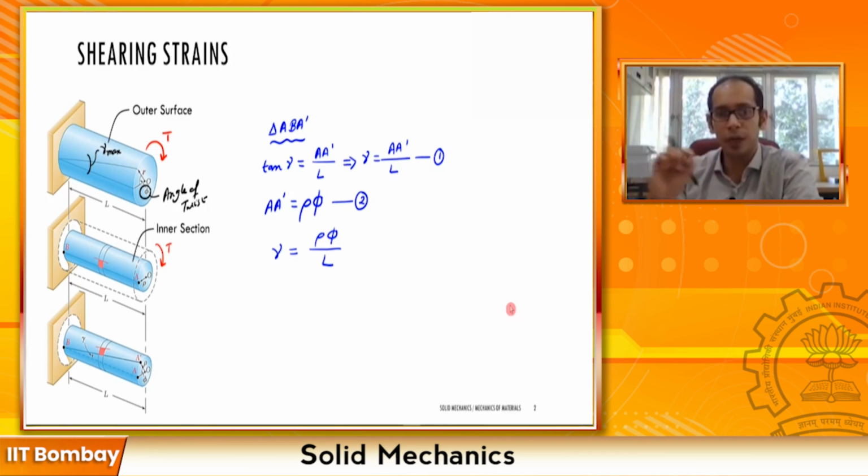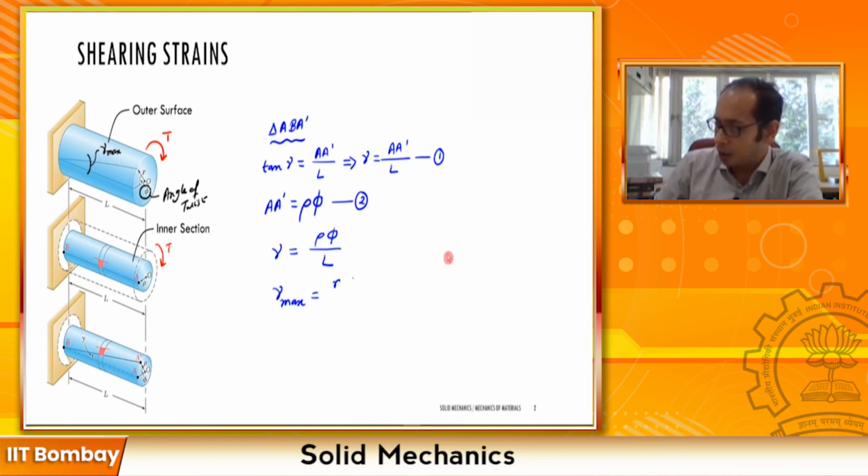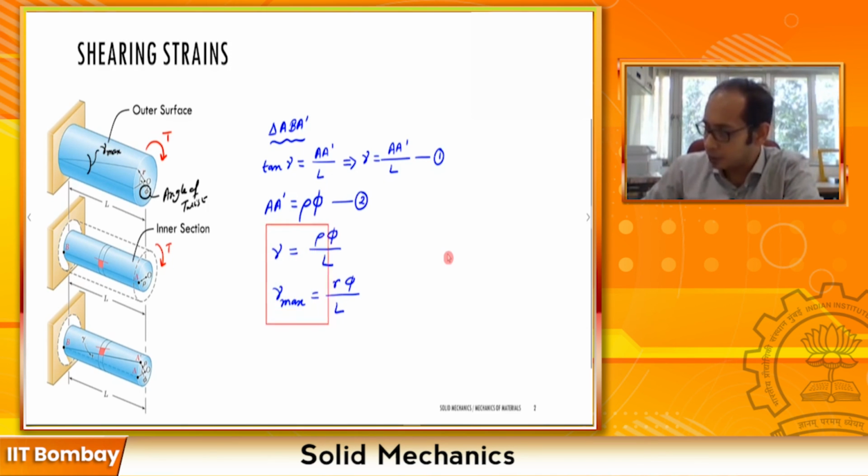Those points don't go anywhere, they stay on that longitudinal axis which passes along the centroid, right? Where does gamma become maximum? Where rho is maximum, that is at the periphery, where you have gamma max. So gamma max is going to be R times phi divided by L, right? These two are very, very fundamental relationships which we just derived.